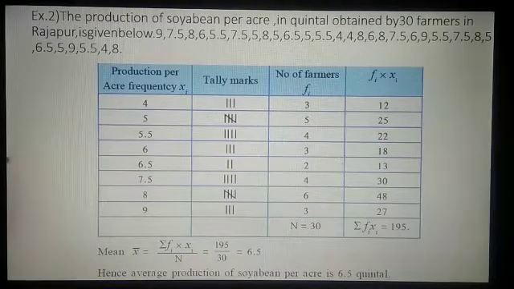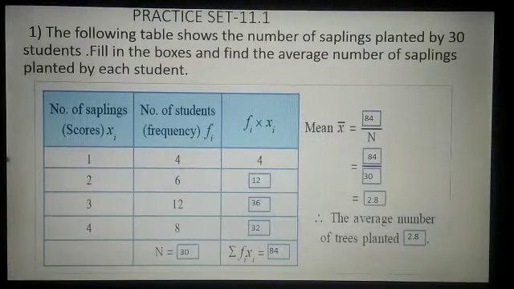Okay. Now we will solve the next, practice set 11.1, first question. The following table shows the number of saplings planted by 30 students. Fill in the boxes and find the average number of saplings planted by each student. So the first column is number of saplings, xi. In ascending order we will write the numbers 1, 2, 3, 4, and here number of students, that is frequency fi: 4, 6, 12 and 8 is given.